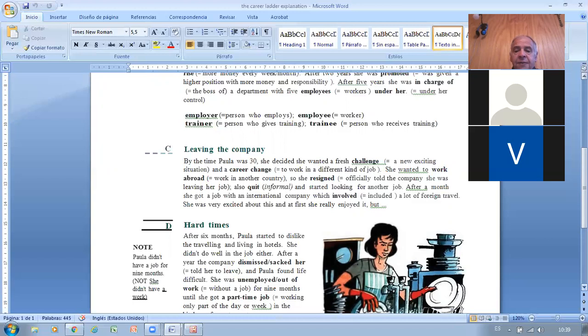Okay, so in here we have some new words. Challenge, what is challenge in Spanish, Valeria? Desafío. Yeah, she decided she wanted a fresh challenge. Usually, when you work a long time in an office or in a job, you get bored, and then you need new challenges.